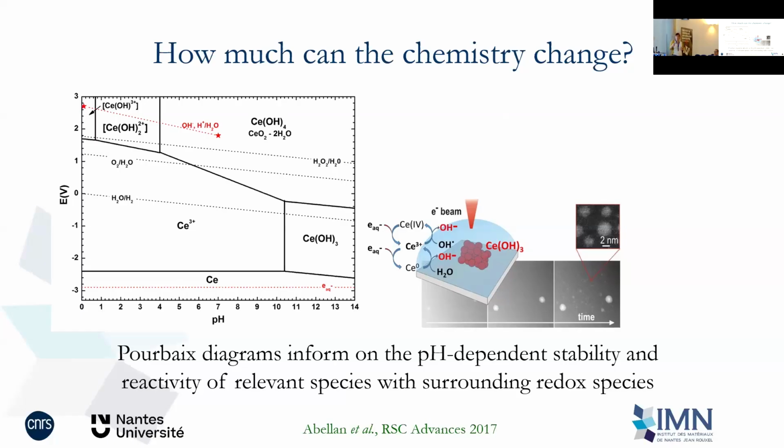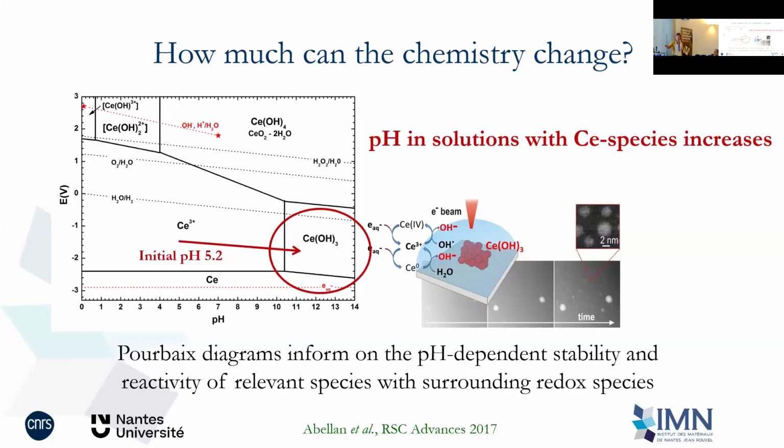But we put cerium species here. We were doing a specific experiment. And what we saw is that we went from a solution of cerium 3+ as an initial solution, and we ended up having this hexagonal phase. We didn't end up with the cubic phase that we were aiming for. We ended up with the hexagonal phase. And the only way to do this is by increasing your pH.